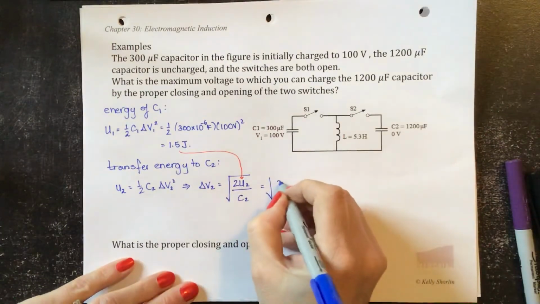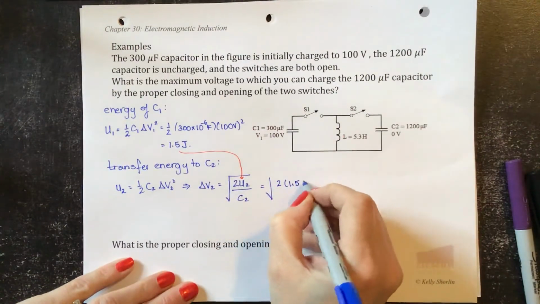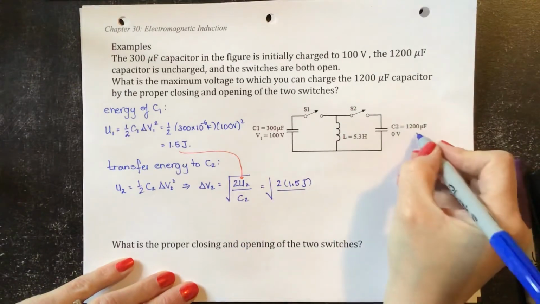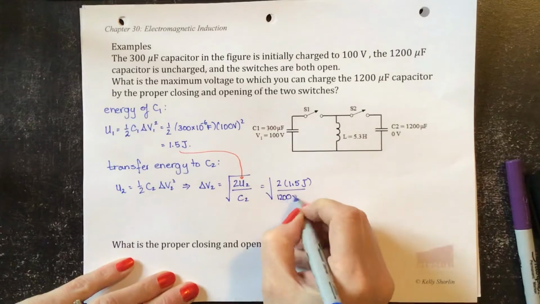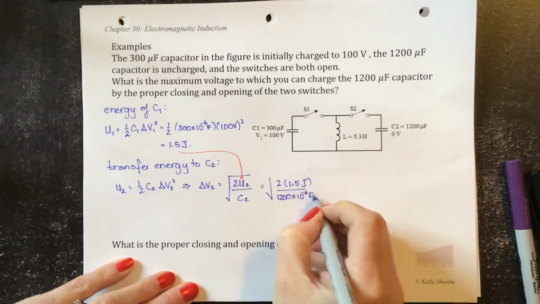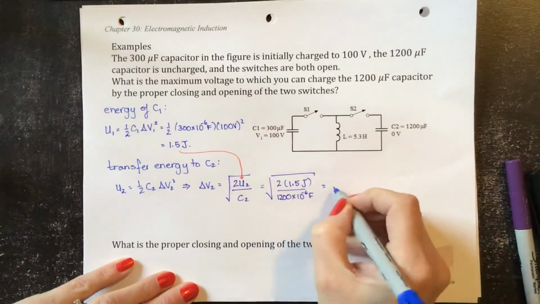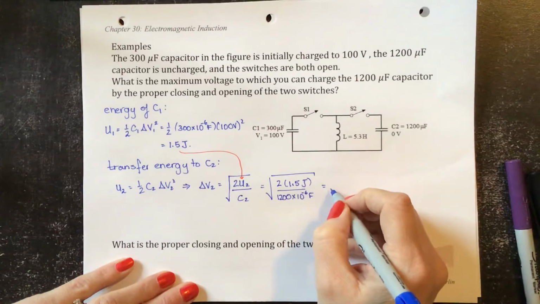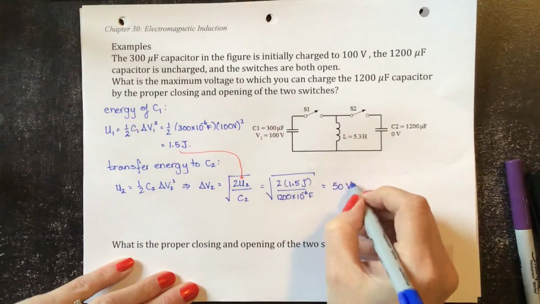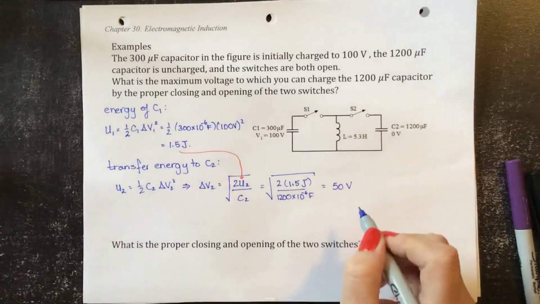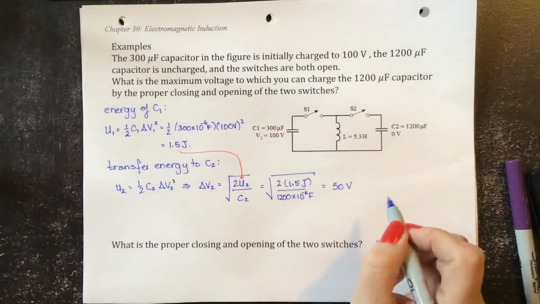So square root of 2 times 1.5 joules divided by the capacitance, 1200 microfarads, gives us a maximum possible potential difference of 50 volts. And that assumes no energy loss to the wires itself.